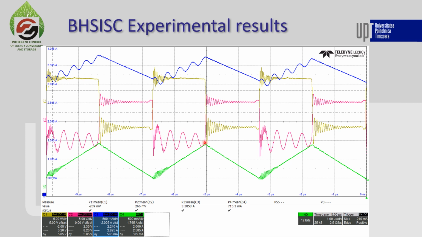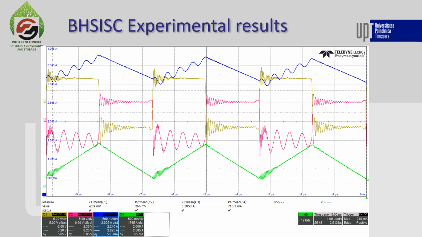We have one inductor voltage here in red and the inductor current in blue, also in the interval when the two inductors are connected in series. And then we see the third inductor current, IL3, which of course doesn't have the same oscillation, and here the IL3 inductor voltage.